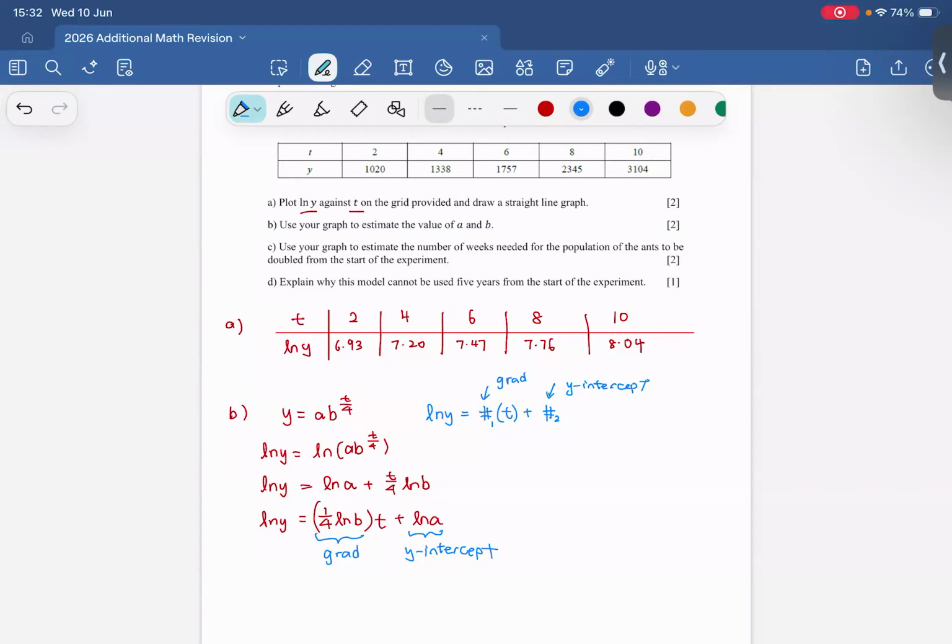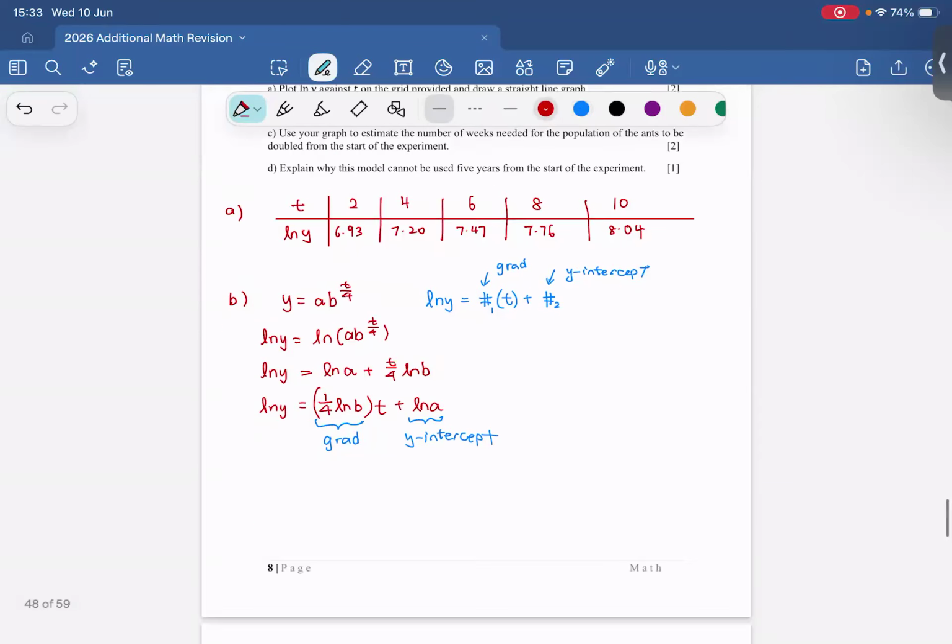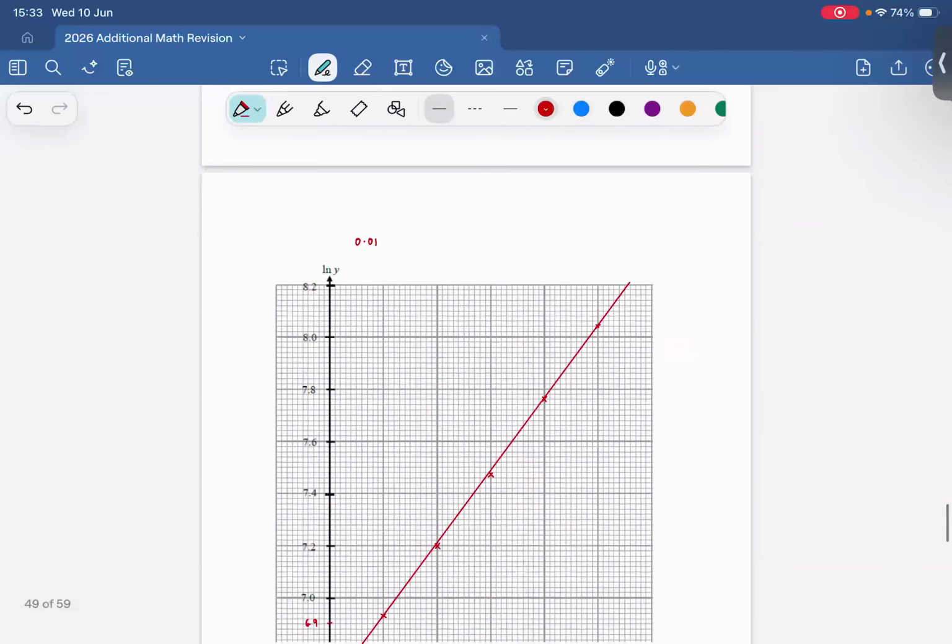Okay, so we choose 2 points. Try to choose other.